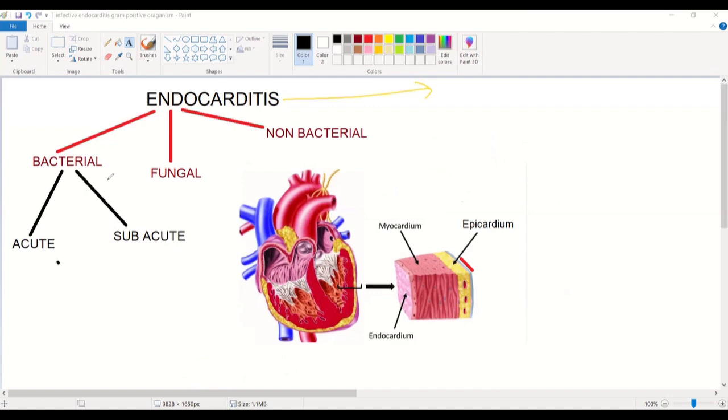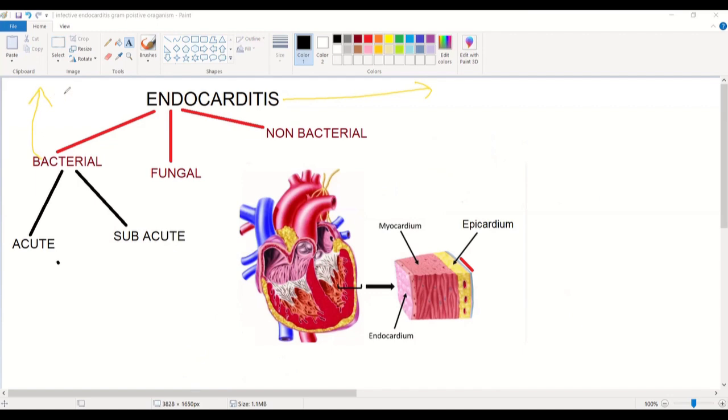Fever. When we say endocarditis, we commonly mean bacterial endocarditis, right? Because bacterial endocarditis is the most common cause of endocarditis. Its most common presentation is fever.